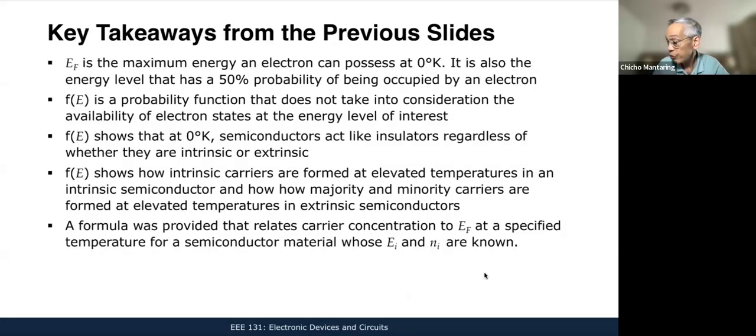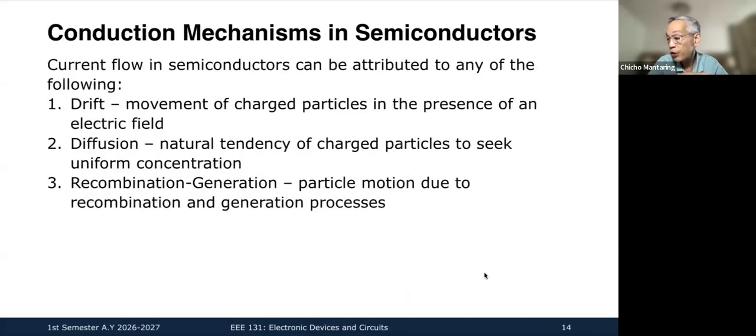Okay, I'm now going to go to conduction mechanisms in semiconductors. So we already see that in a semiconductor, there are two types of charge carriers, electrons and holes. In intrinsic, exactly the same number of electrons and holes. In extrinsic, depending on N-type or P-type, there will be majority and minority carriers.